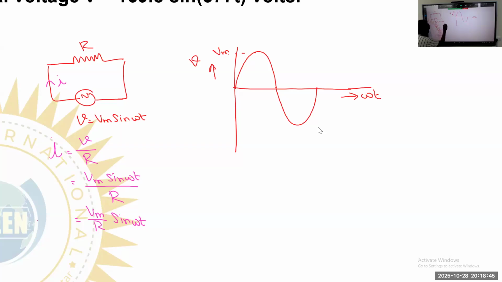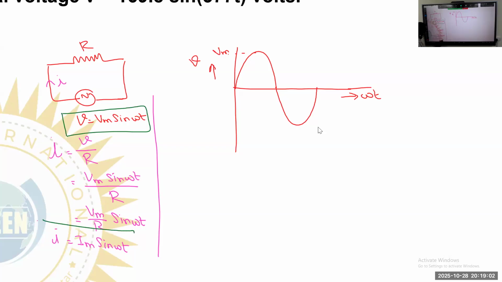So from this I write small letter i, which is equal to Im sin omega t. So we are giving this voltage, and we are getting this current.